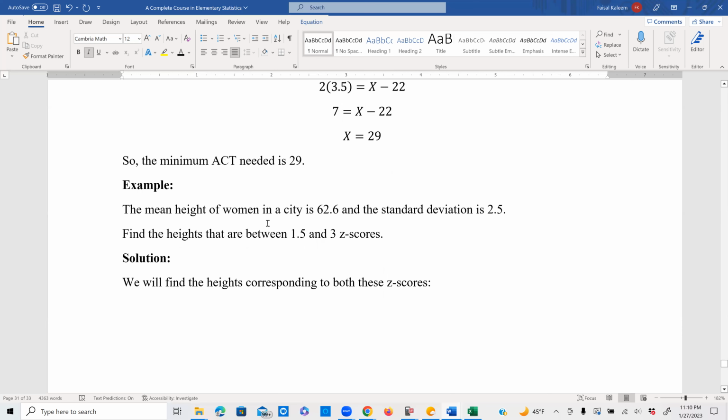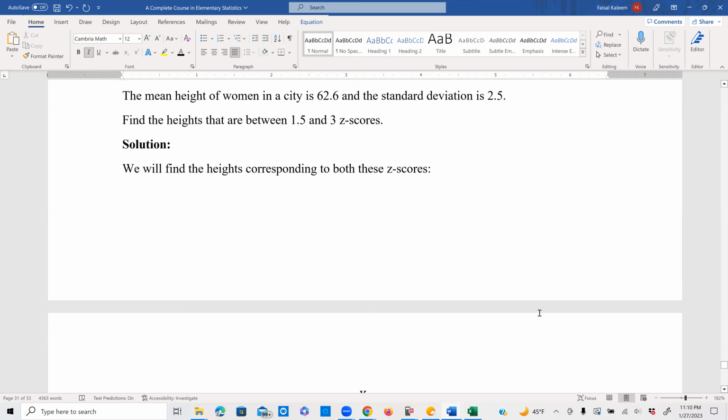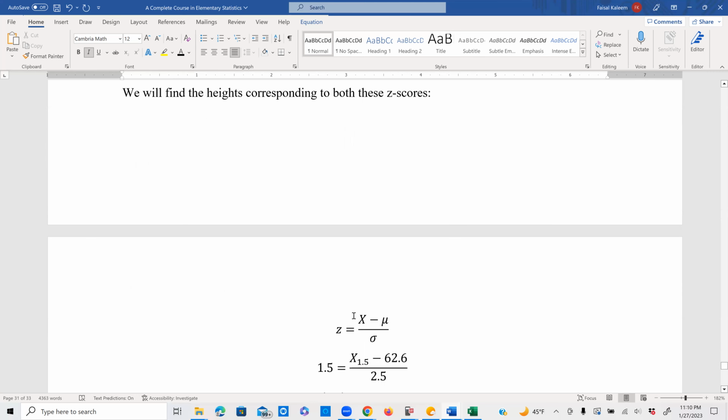Example: the mean height of women in a city is 62.6, standard deviation 2.5. Find the heights that are between 1.5 and 3 z-scores. We are given two z-scores, 1.5 and 3, so we find heights corresponding to both by the formula z is equal to x minus mu over sigma.